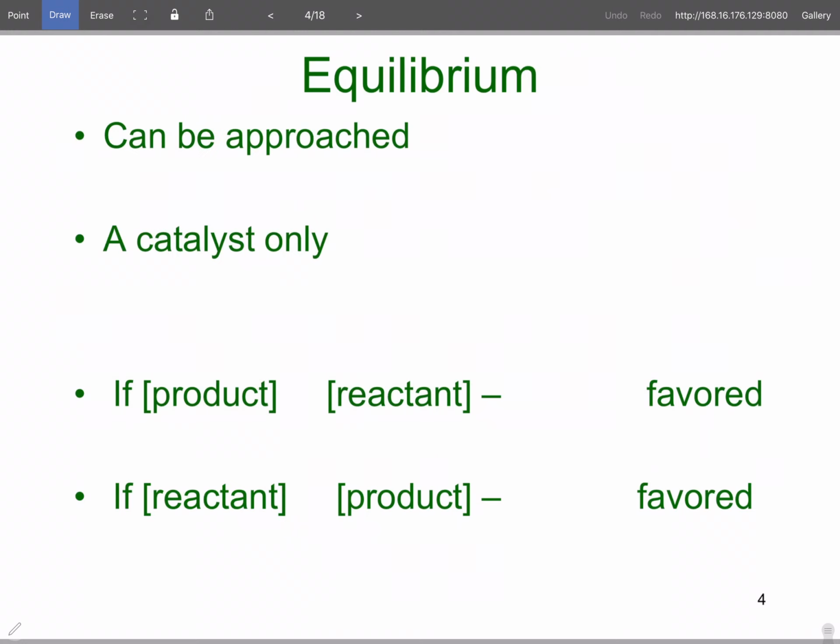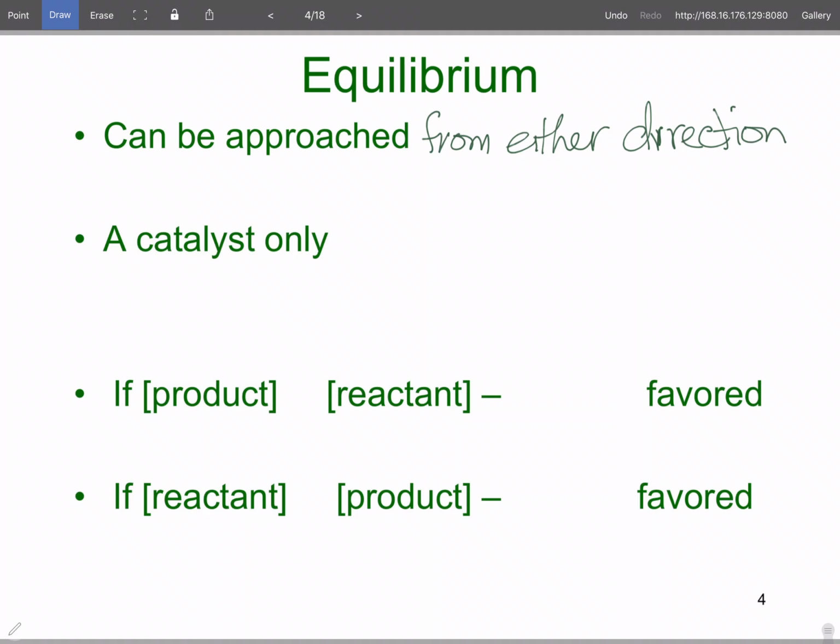Because equilibrium is kind of unique, it can be approached from either direction. Now, this is not the case for one-way reactions. For a one-way reaction, you can't approach it from the product side. But for equilibrium, you can start with reactants and go to products. You can start with products and go to reactants. You could start with some of both and make them level out.